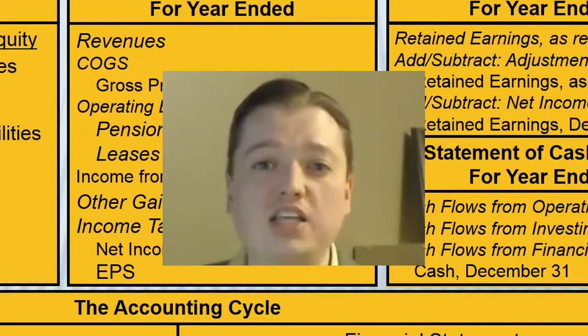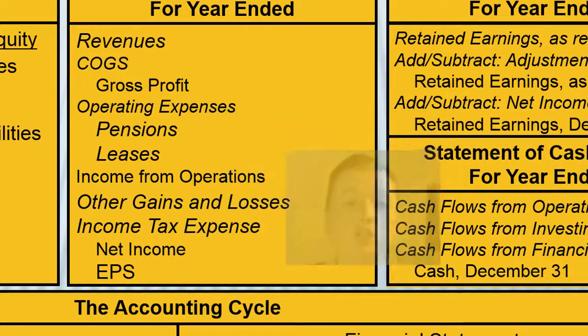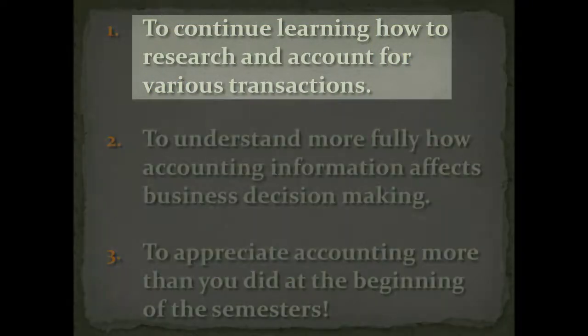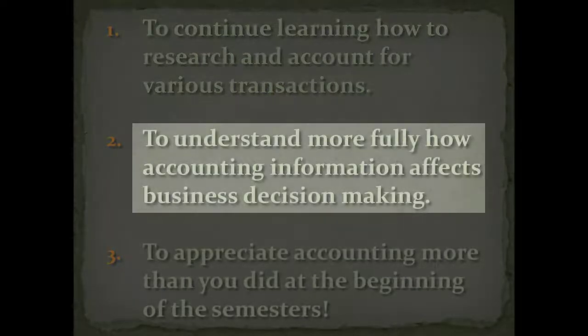As part of this process, I hope you also feel like you've accomplished our goals for the course. I hoped that when all was said and done, you would feel like you continued learning how to research and understand more advanced accounting transactions. And with our discussion of deferred taxes and leases and pensions, I hope you feel that way. I also hope that you feel like you understand more fully how accounting information affects decision making.